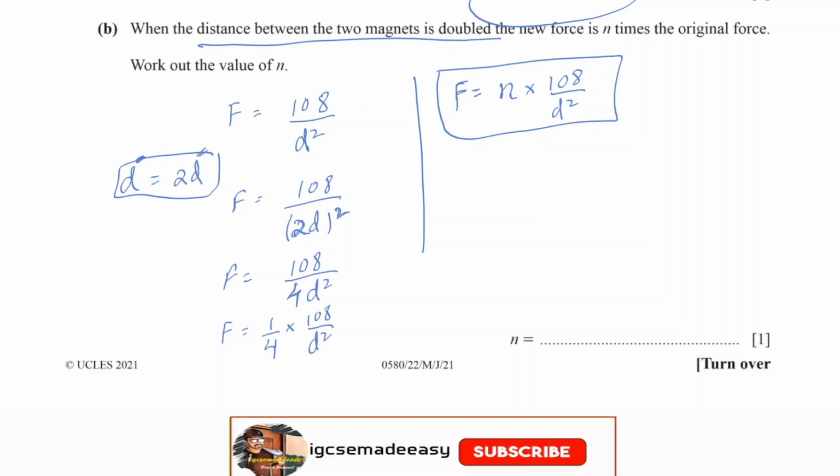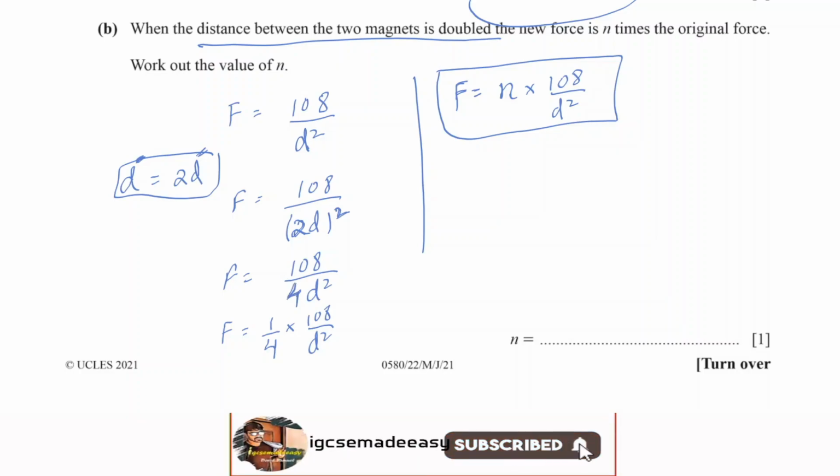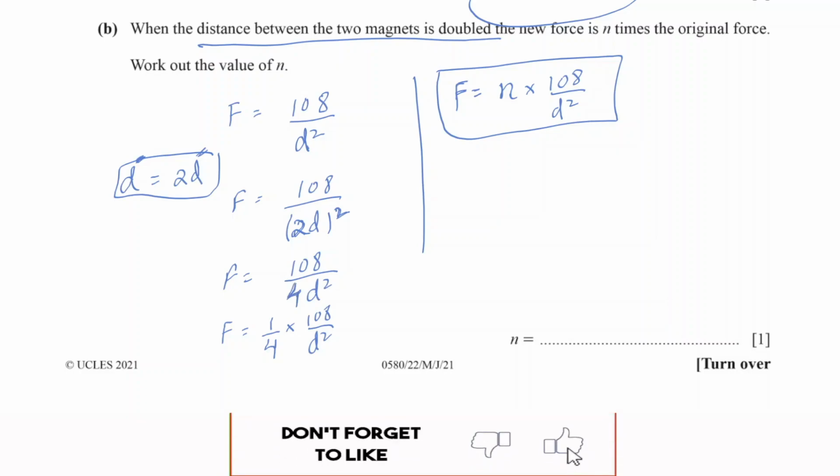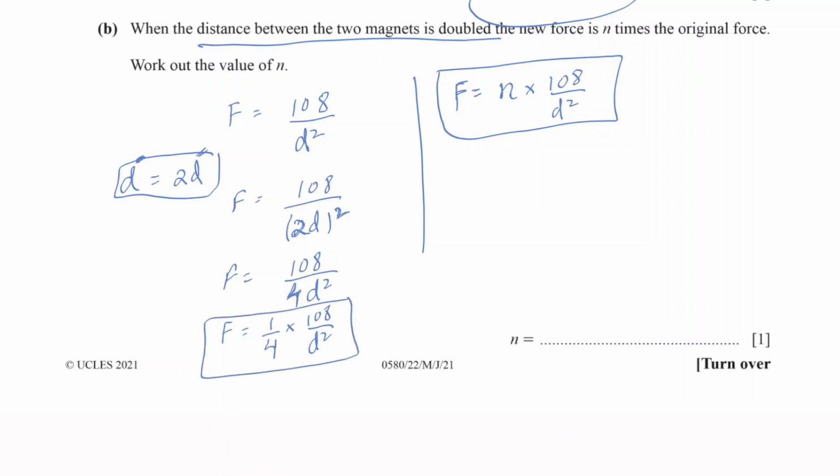I have just split it and wrote it there. Can you compare this one with this one? The previous one, after I put 2d, I'm getting 1 by 4 into 108 by d square. What does that mean? This means that this is the value of n.